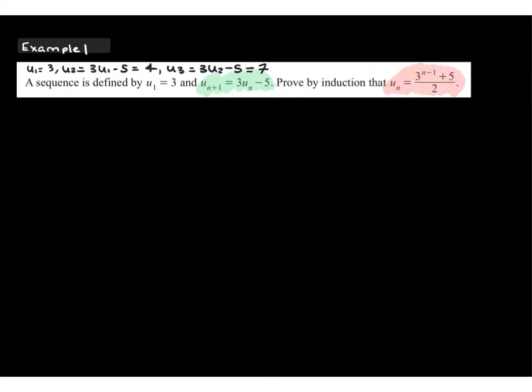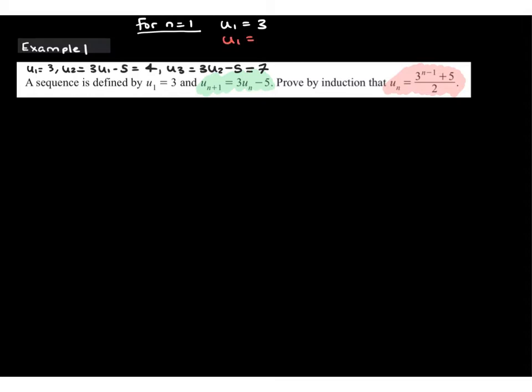So starting off, let's prove that the result is true for n equals 1. To give myself a bit more space, I'm going to do that up over here. So for n equals 1, first of all, we know that we're given u1 equals 3. Now, what does the red formula give us for u1?